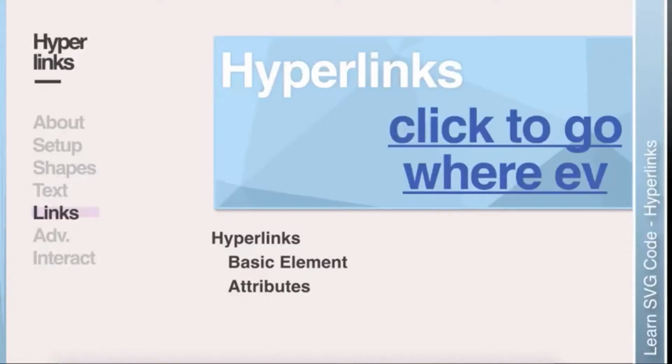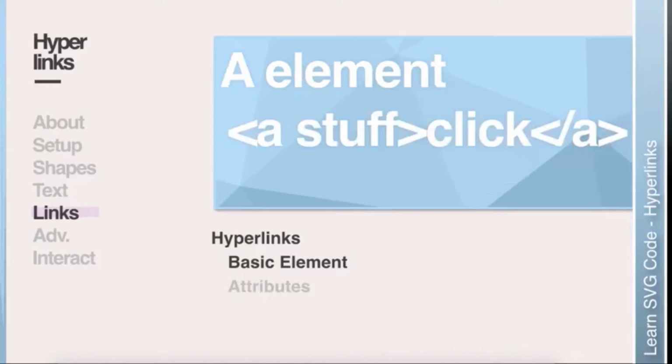This one is a little different in some ways than some of the others that we've looked at, but it's not too bad. The element itself is an anchor element, and this is the same type of element that we use with HTML. We call it an anchor element in HTML as well. The way that it actually looks, though, is a little different when it comes to the attributes.